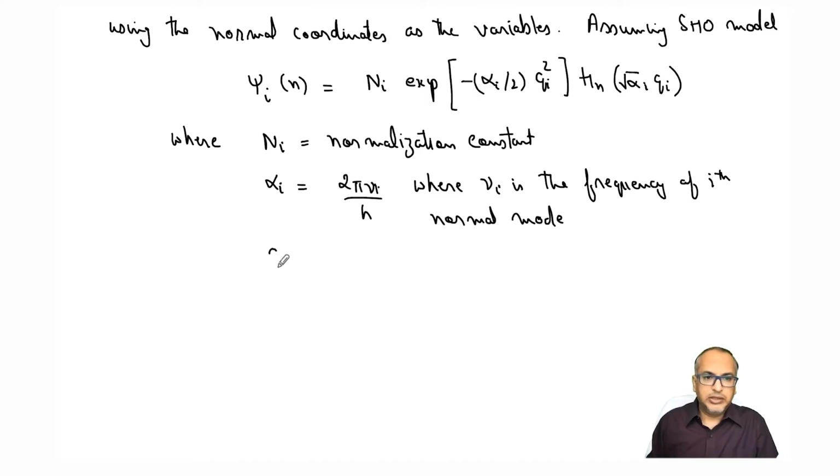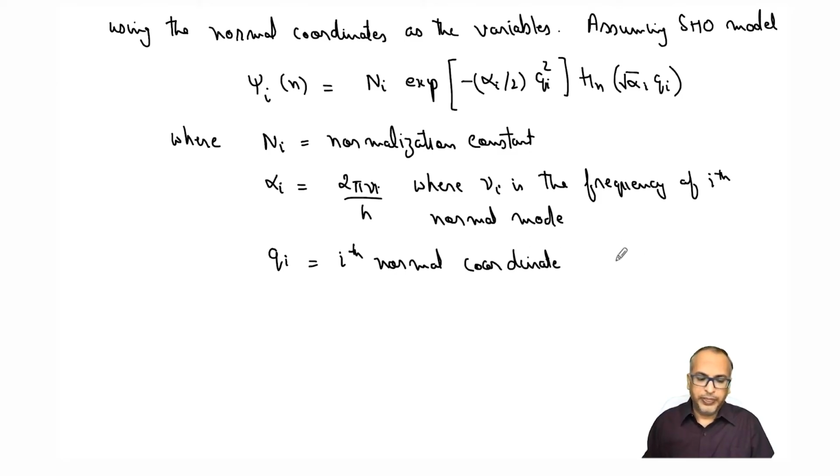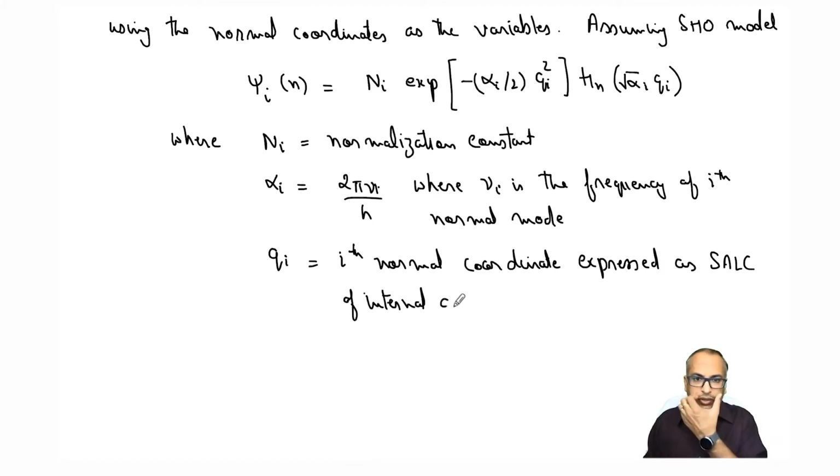So now next is qi. So qi is the ith normal coordinate. We just learned what a normal coordinate is. And how is this expressed? This is expressed as SALC of internal displacement coordinates.